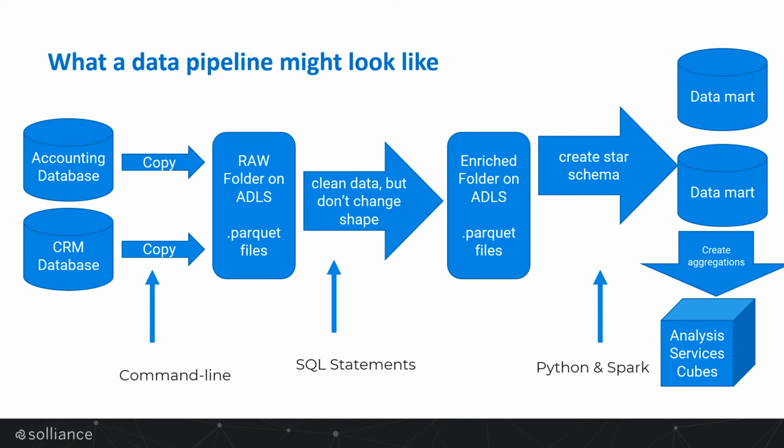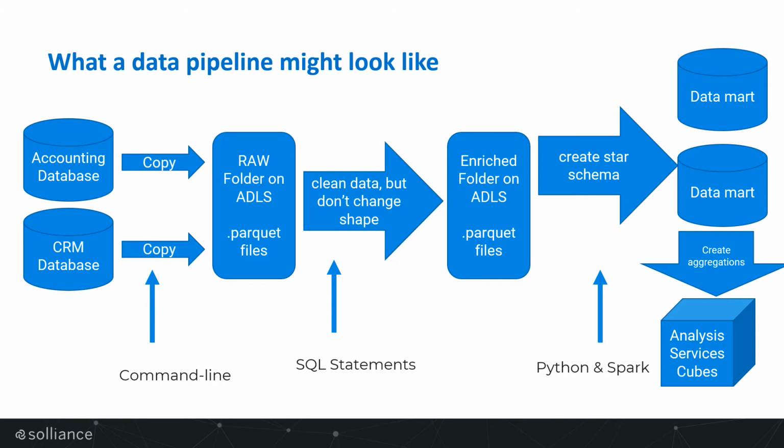So a data pipeline might look like this. We have source systems. We copy a bunch of data to raw folders in Azure Data Lake Storage. We clean the data using SQL statements and stored procedures. We store that in an enriched folder in Parquet files.